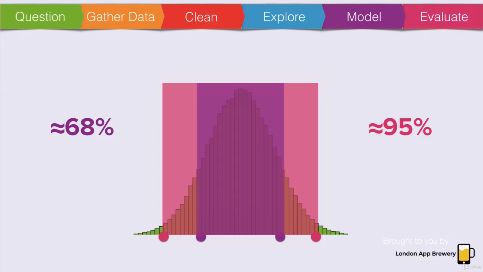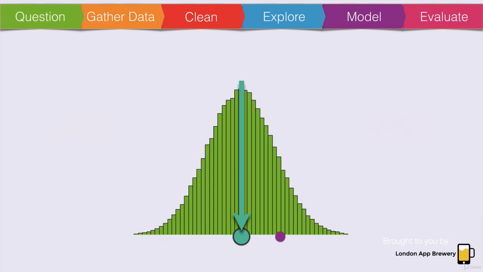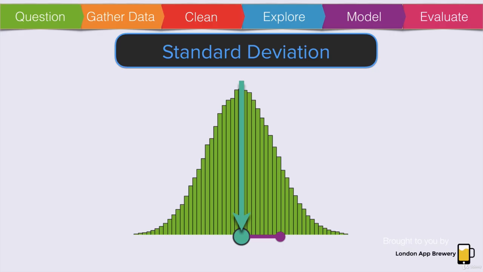They quantify the amount of variation around the mean. The mean is right here in the middle of the distribution. And the distance from the mean to that right purple point is called 1 standard deviation. For a normal distribution, you'll usually see the Greek letter sigma used to denote the standard deviation.